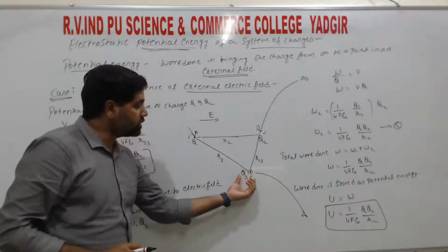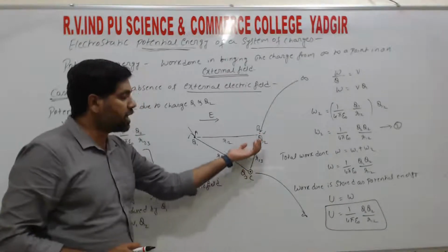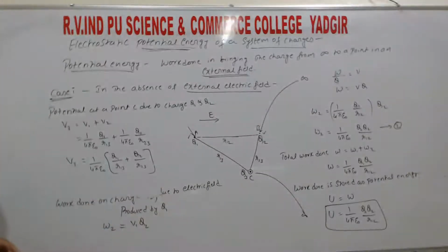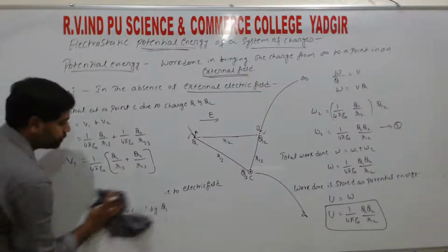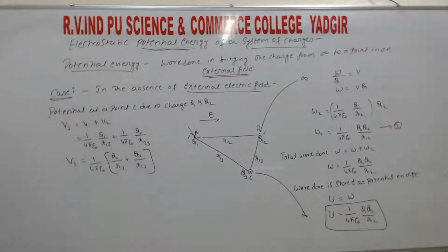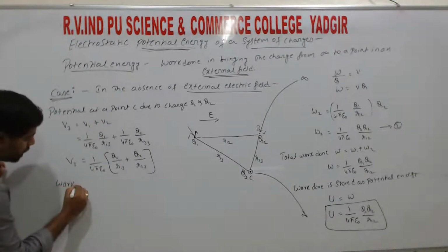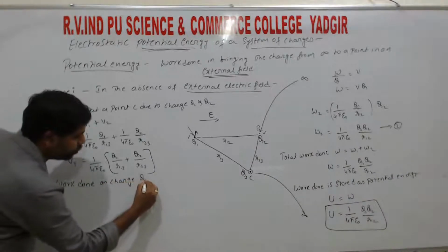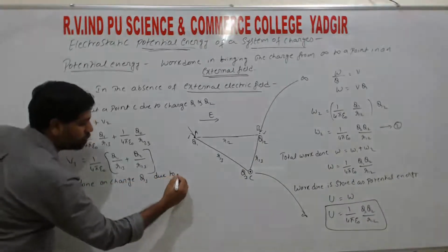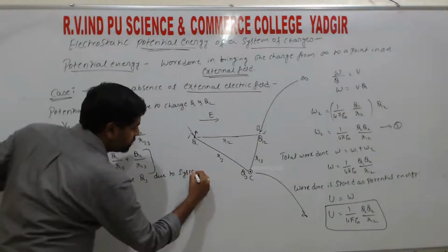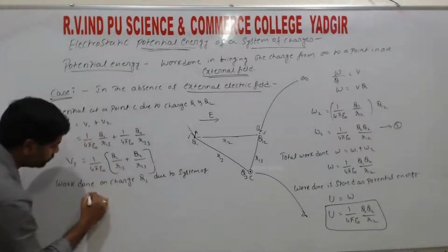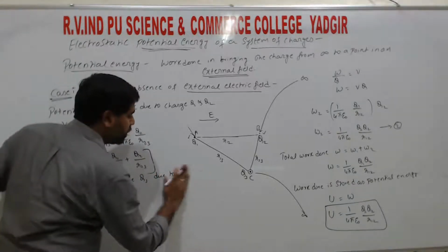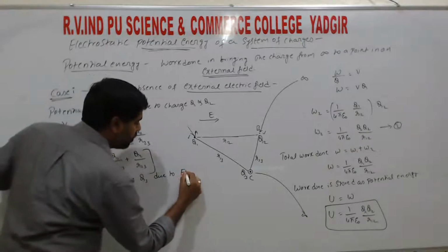So it experiences the electric field. That means work is done against the electric field which is due to Q2 and Q1, right? So now work done on charge Q3 due to the system of charges, due to the electric field produced.